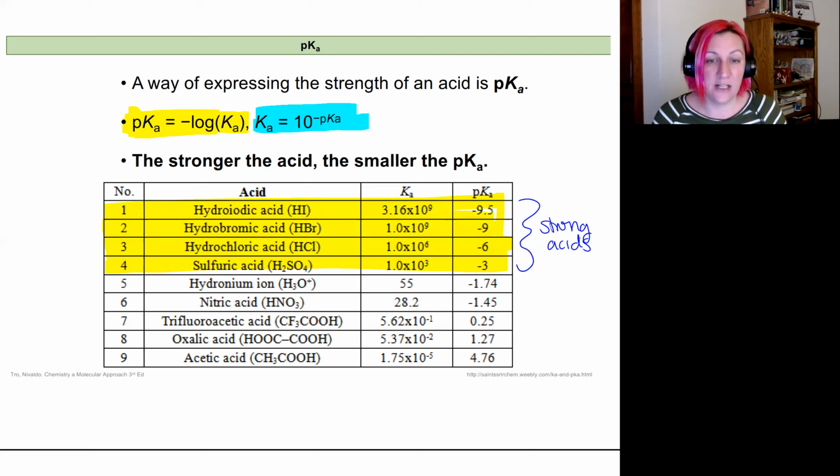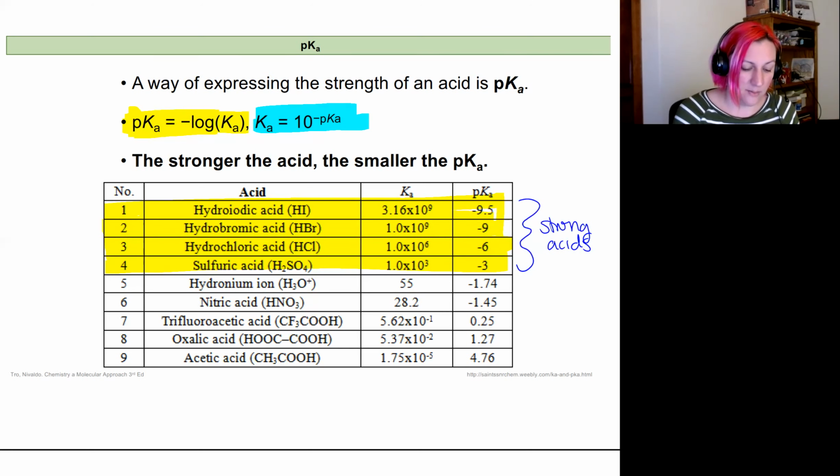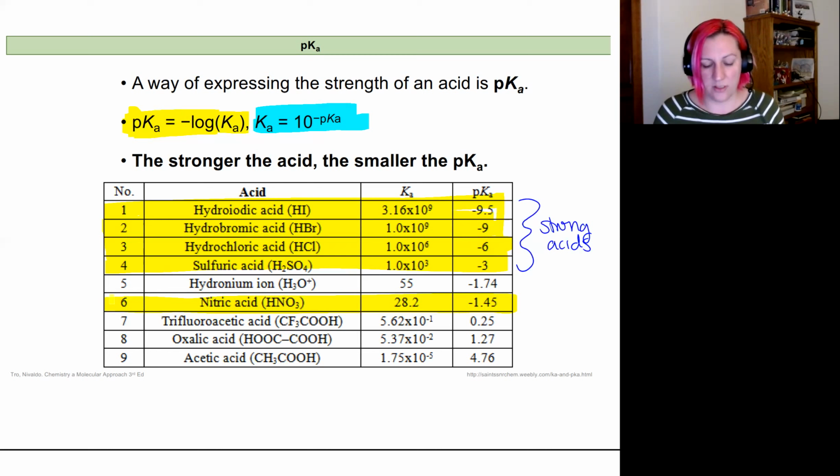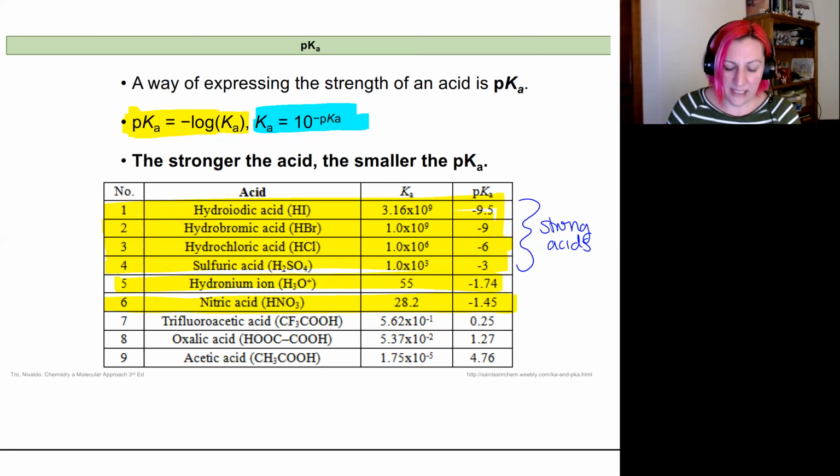Now, nitric acid too, I would say, is a strong acid. Hydronium ion is kind of like the bottom of it, so I guess those are slightly different. Nitric acid isn't as strong as it is in my head, apparently. But then let's look at a few that are weak acids down here.